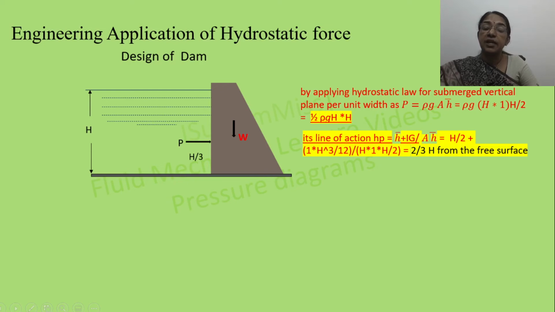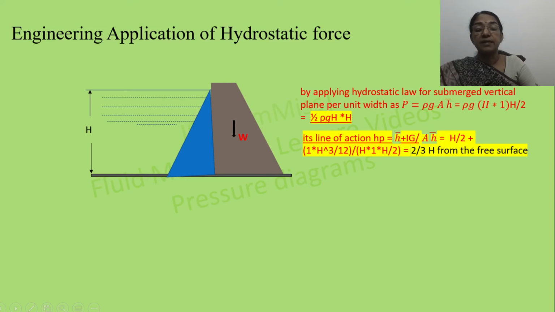By using the pressure diagram also we can calculate this. Pressure is equal to 0 here and it will be maximum at the bottom. So if you draw the pressure diagram, it will be like this. The area of the pressure diagram represents the total pressure force per unit width.